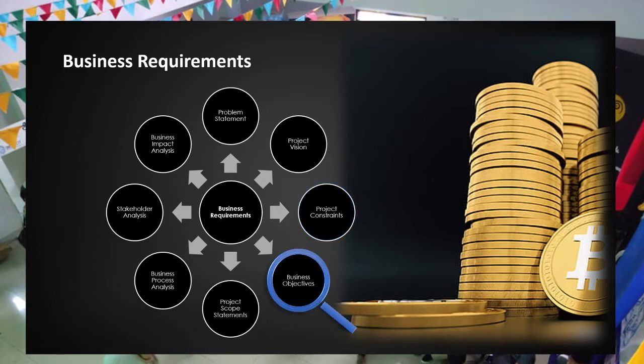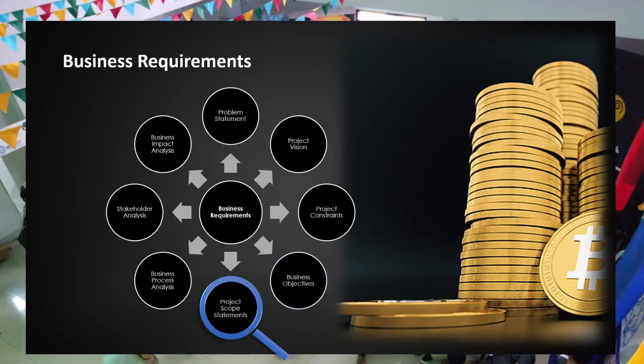Another important part of business requirements is business objectives. These are business objectives that you want the project to accomplish. Within project management, it is of the utmost importance that the project's objectives are stated clearly as this will impact every decision in the project life cycle.